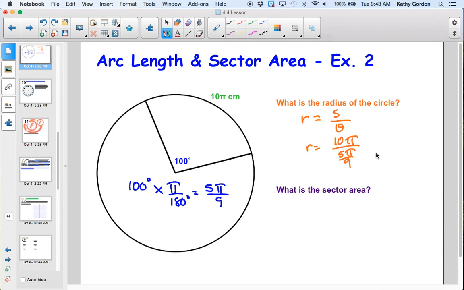Cancel out. 10 divided by 5/9 is the same as 10 times 9/5, which means I should be able to cancel there, and I end up with 18. There we go. 18 centimeters.